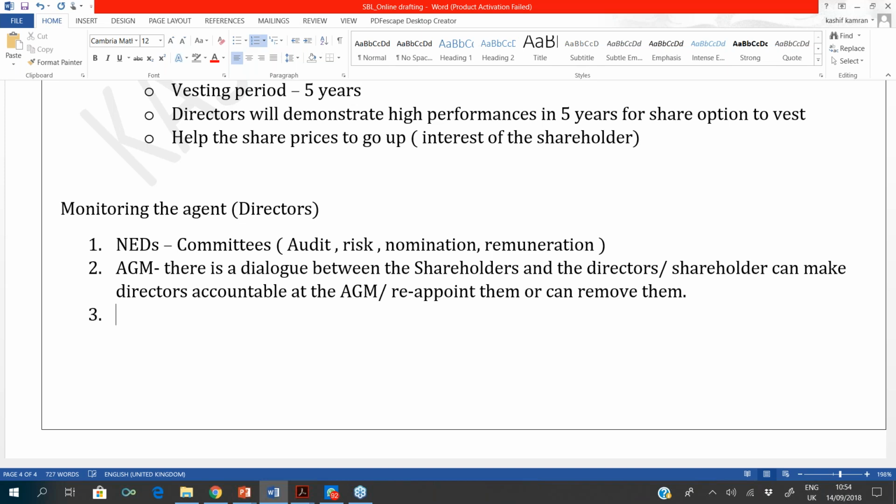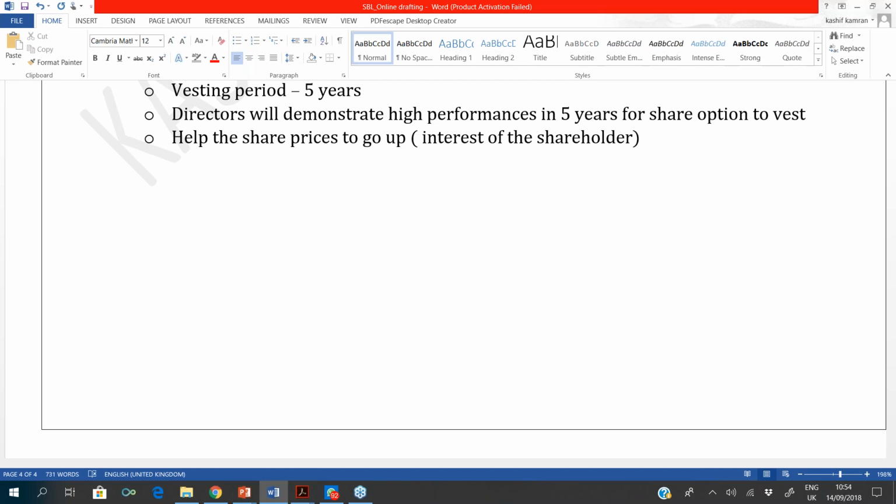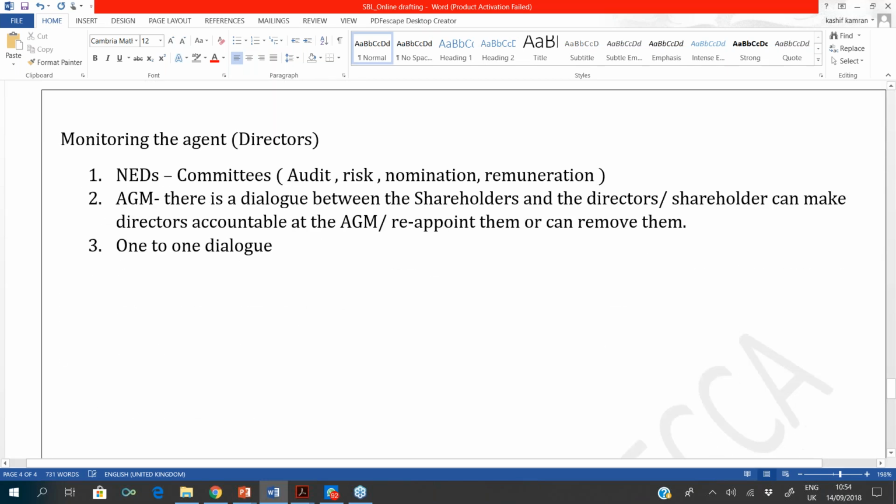And then the more important one is a one-to-one dialogue. Who can have a one-to-one dialogue is very important. Now try to understand something very, very important here. Who is having a one-to-one dialogue?